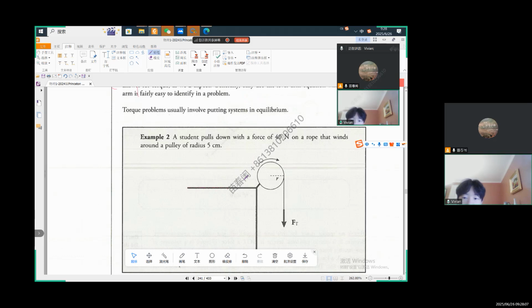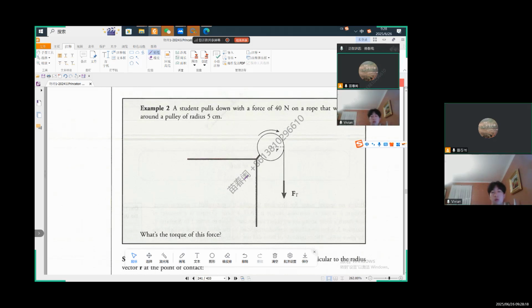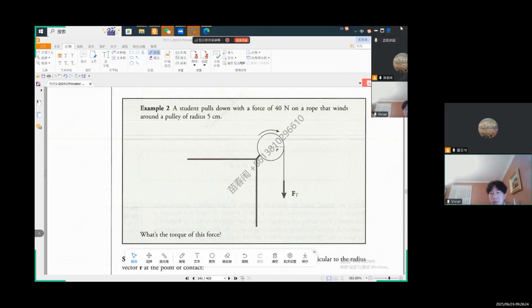40 Newton, wrote that line around radius 5. What's it asking for? Torque of this force. 40 Newton, 5 centimeters. It's just proportional to the force.